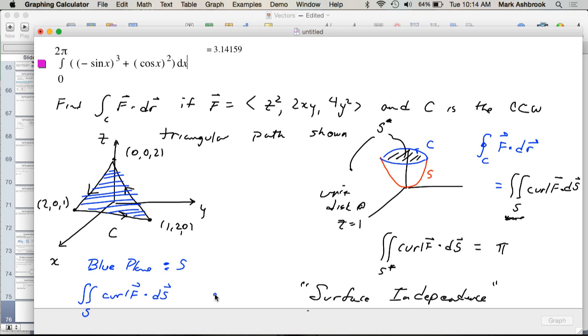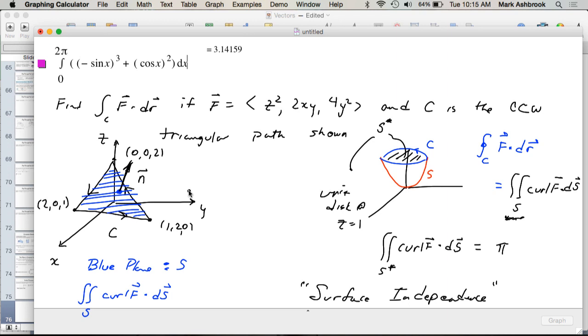And because it's a plane, all we need to do is find the normal vector, and we don't have to do the cross product, right? Remember that? If you have a plane, it's a constant normal vector. So I just need to find that normal vector, and I could just do curl of F dot n.